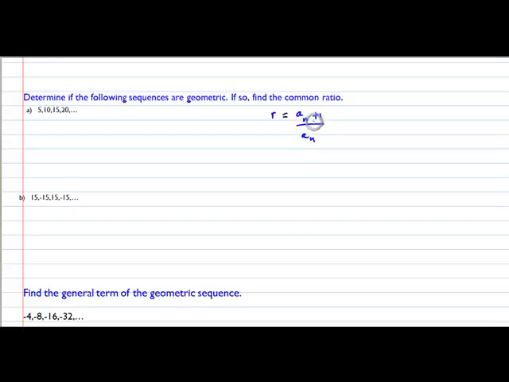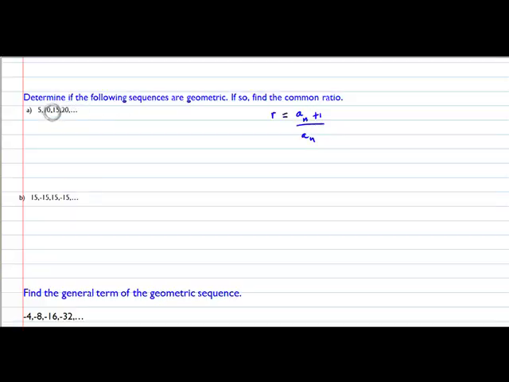I'm taking the term and the term before it, and taking the ratio between the two. So let's say, for example, here 5 is a sub 1, 10 is a sub 2, 15 is a sub 3, 20 is a sub 4, and so forth.